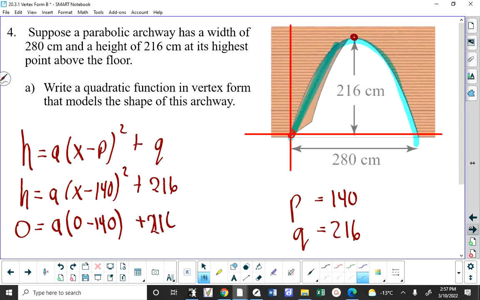Guess what you're going to get for A? You're going to get the exact same value of A, because you'll subtract the 216 and divide by 140 squared. And you get the same value for A because the shape is the same and it opens upside down. Anyway, let's move on to the next question.